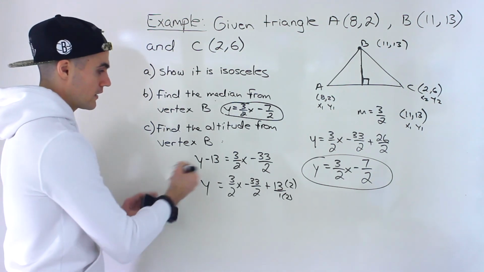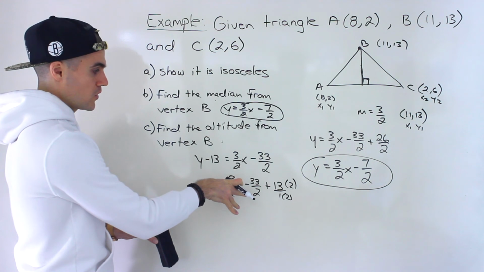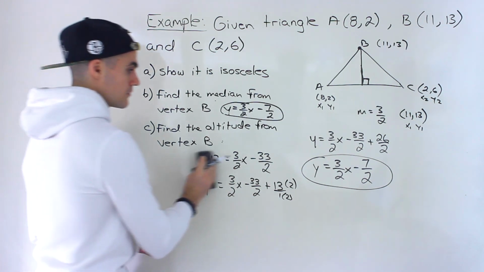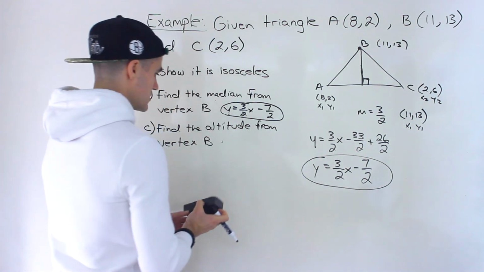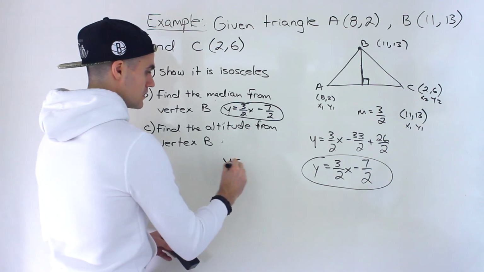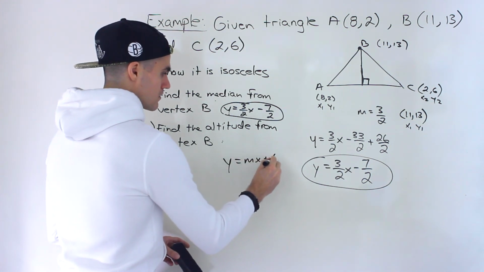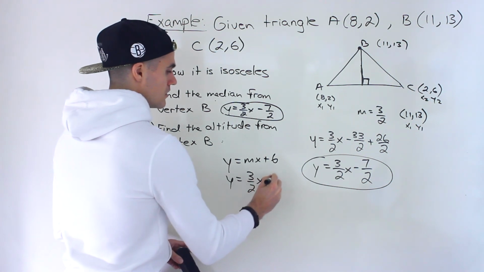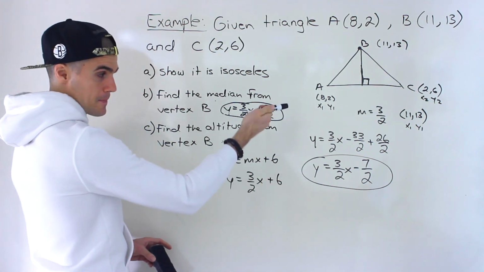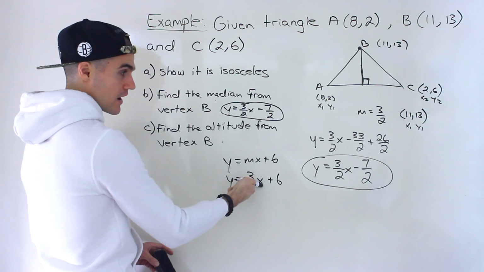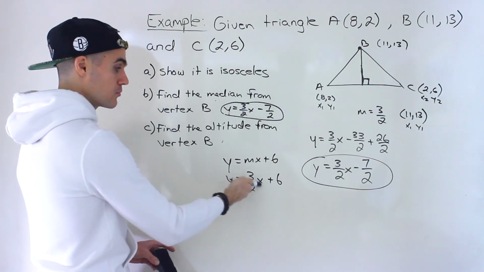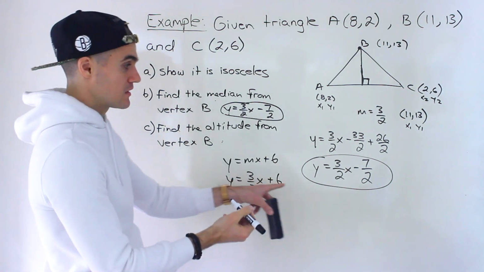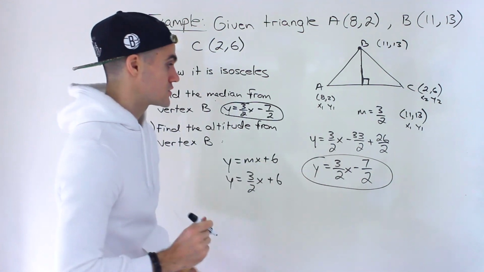Right? And then if you didn't go through it this way, which I don't recommend you do, it's just a lot more algebra. If you just did it the y equals mx plus b way, right? You take y equals 3 over 2x plus b, and then you plug in 11 for x, plug in 13 for y, bring this over, you'd end up getting a b value of negative 7 over 2.